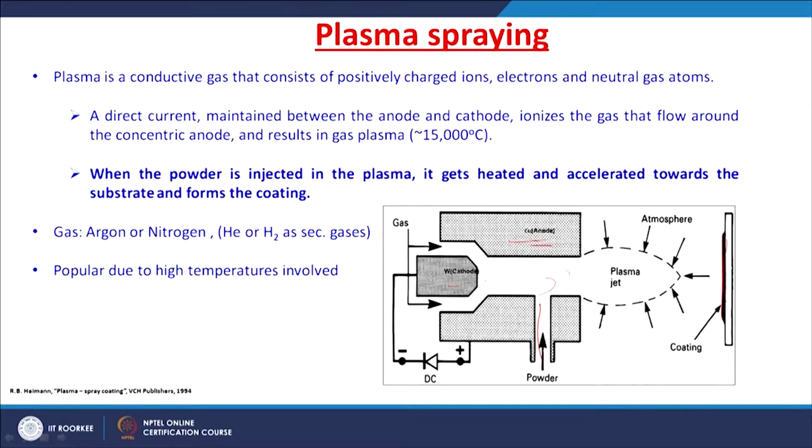and anode. And helium or hydrogen are also used as secondary gases to accelerate these particles and to impact onto the substrate. This technique is very popular because of the high temperatures involved, around 15,000 Celsius. So, any material like ceramics, metals, polymers can be coated.